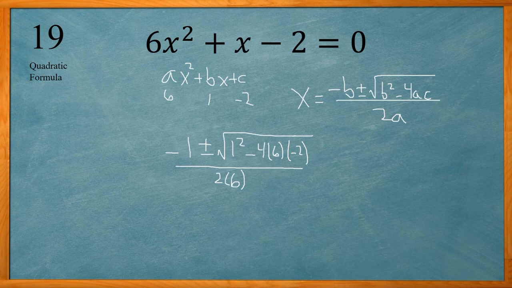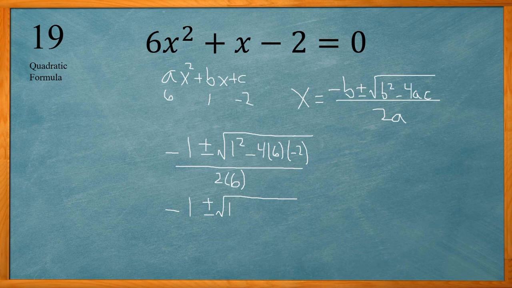Now if I look inside the radical here, I got 1 squared minus 4 times 6 times -2. So -1 plus or minus, so it's going to be 1, and -4 times 6 times -2. Okay, so I got 6 times 2 is 12. 12 times 4 is 48.